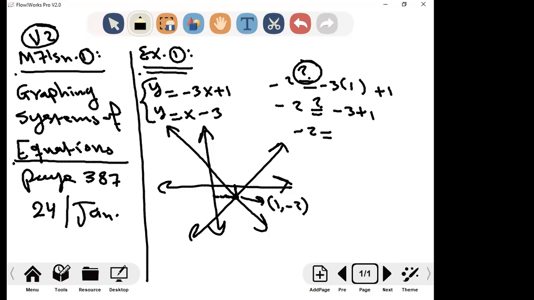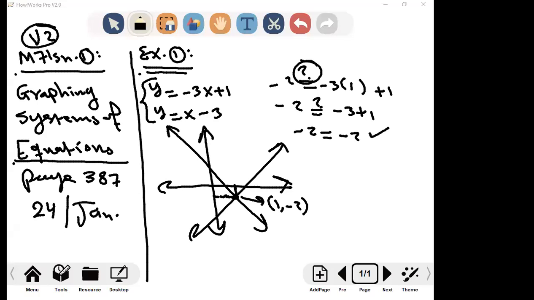Is negative 2 equal to negative 2? Yes. So this point is a solution for the first equation, right? Let's check if this point is a solution for the second equation also. Replace y by negative 2 and x by 1. 1 minus 3 is negative 2. So this intersection point is a solution for the first equation and it's a solution for the second equation, right?